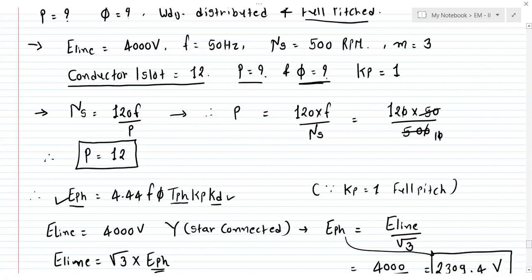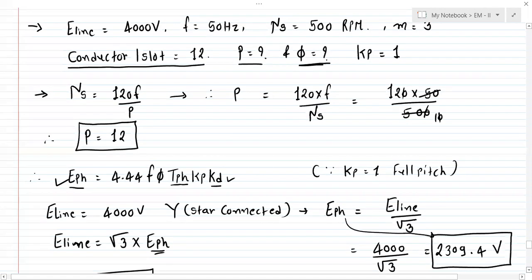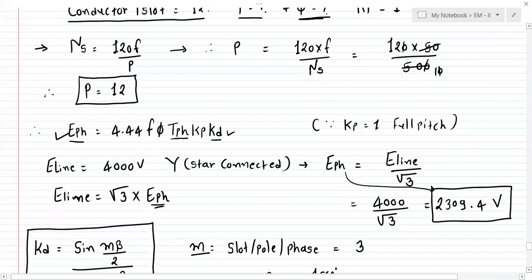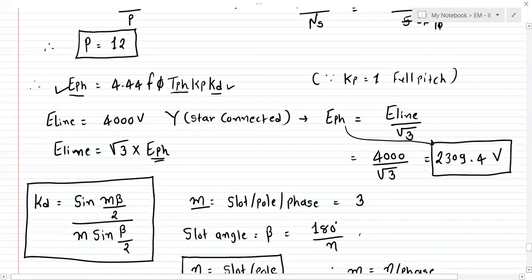From that we can find the value of phi, but we do not have the value of turns per phase. We do not have the value of distribution factor, and we have the line voltage. We do not have the phase voltage. From line voltage we can get the phase voltage as it is star connected, and if it is delta connected, then the line voltage is equal to the phase voltage, so we do not have to divide or multiply it with anything.